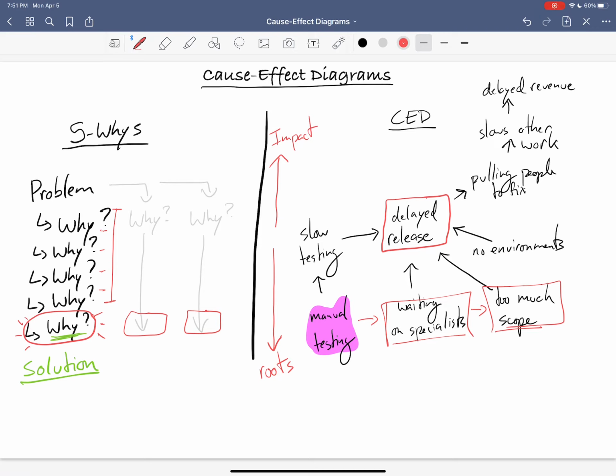One of the other methods of diagramming these sorts of relationships that is very popular is a causal loop diagram. It's useful and it has roots in the systems thinking world, but there's two real reasons why I try to avoid introducing it when I'm doing problem solving or root cause analysis with teams.